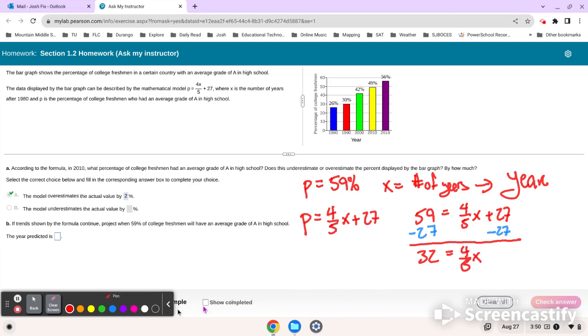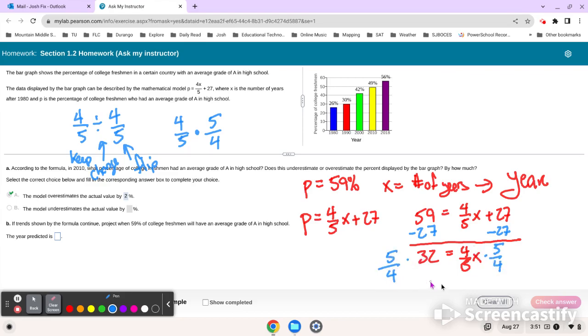Now, the inverse of multiplying is to divide, but we don't divide by fractions. We multiply by the reciprocal. As a quick reminder, if I had 4/5 divided by 4/5, we keep the first fraction, we change the sign from division to multiplication, and we flip the second one to get the reciprocal, 5/4. So we multiply by 5/4 on this side, and if we do it to one side, we do it to the other.